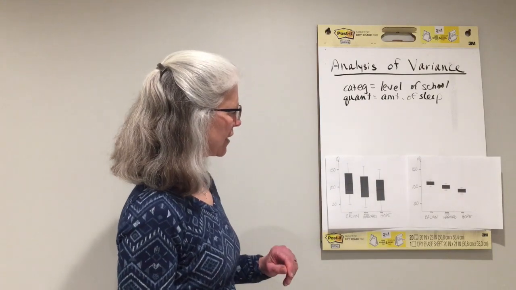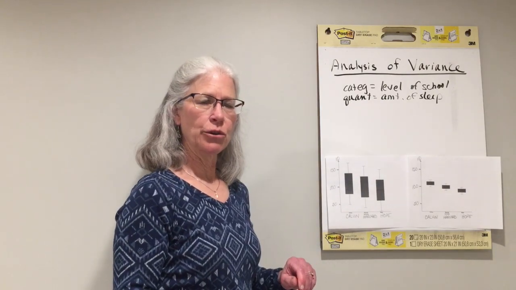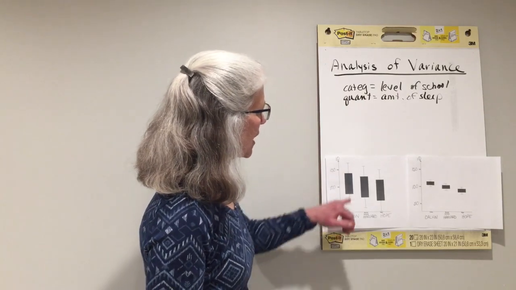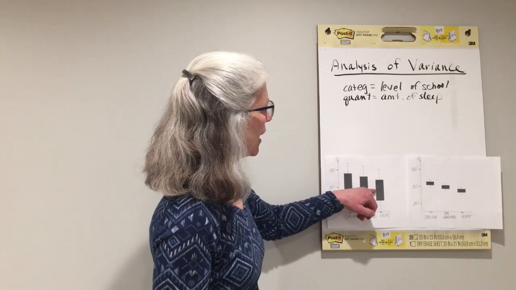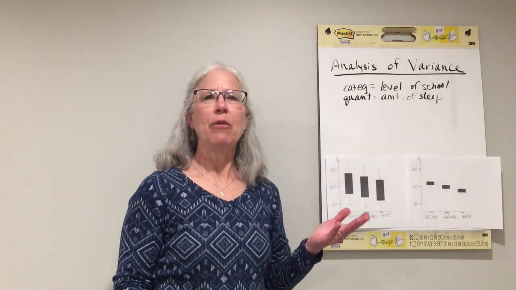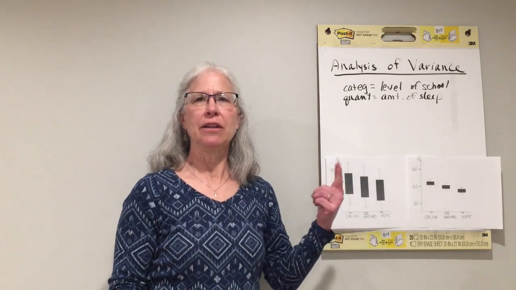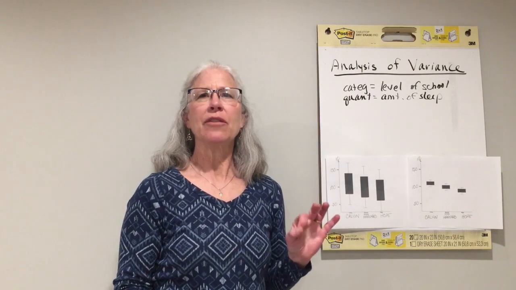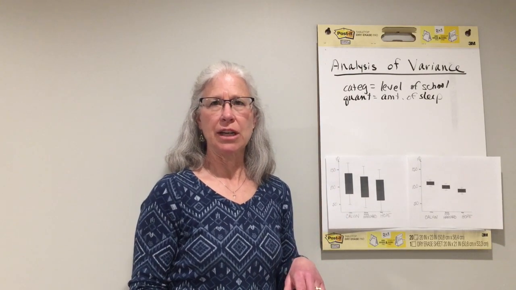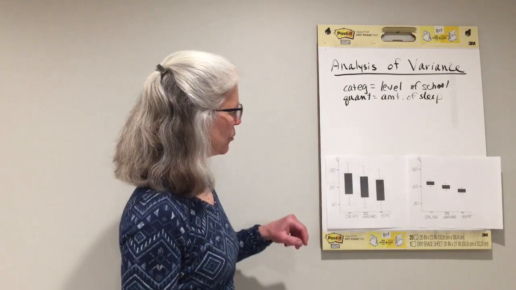So let's say that Calvin students have a mean IQ of 110, and Harvard students have a mean IQ of 100, and Hope students have a mean IQ of 90. Well, we can't say anything about whether there's significant differences between Calvin, Harvard, and Hope unless we have some idea of the variation in IQ within each university. So let's say we have this situation.